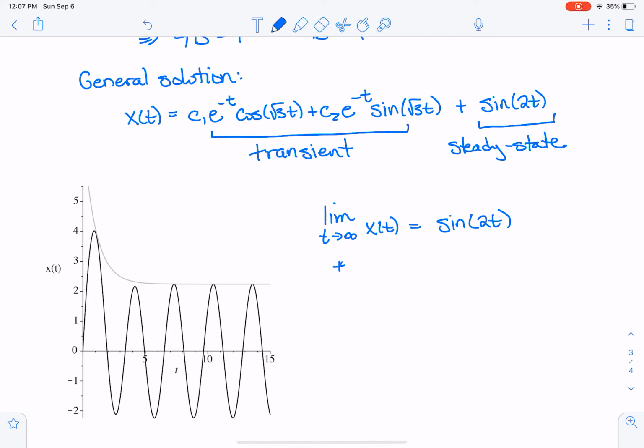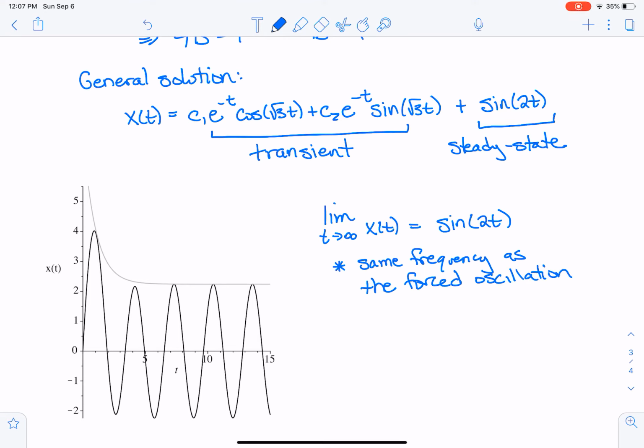Okay, so what's going to prevail in this system is going to be the same frequency as the forced oscillation. Since the system is damped, the natural frequency dies out through the damping, and we're just left with that forcing frequency.